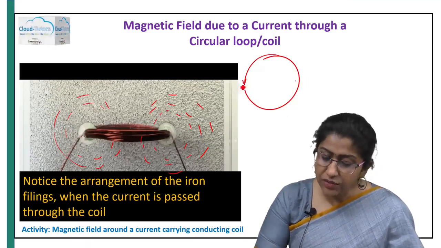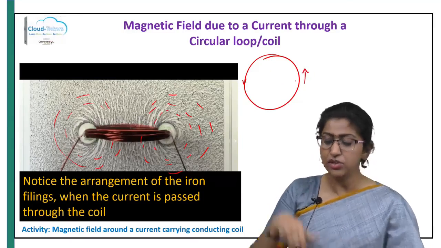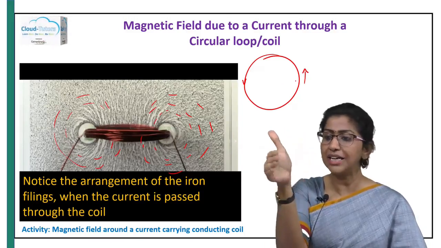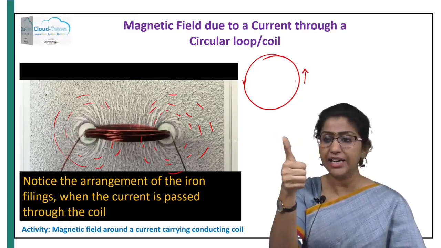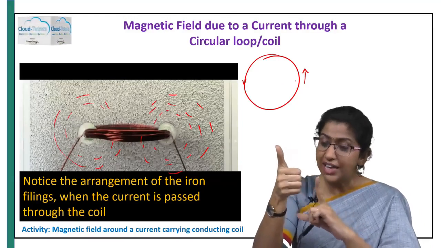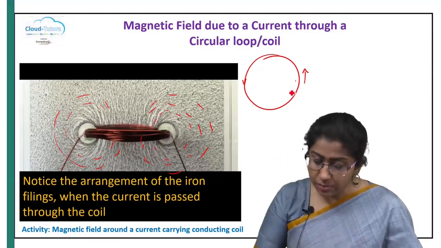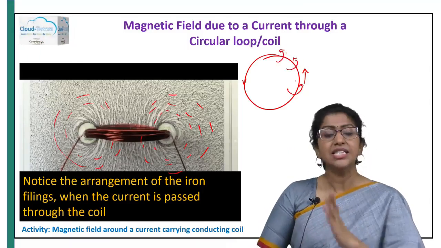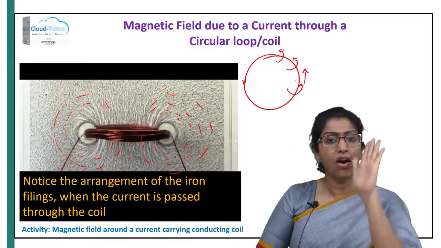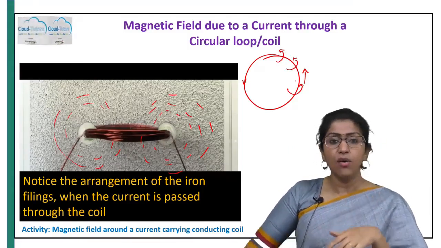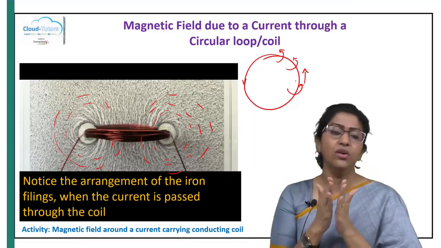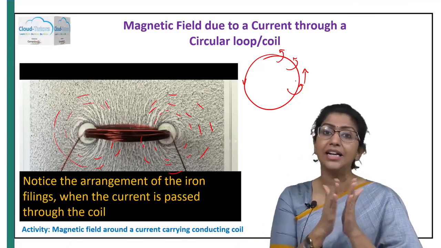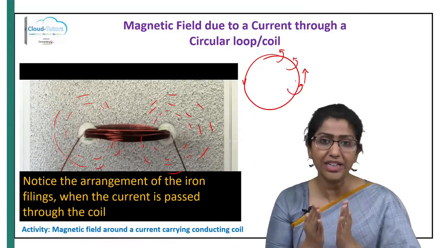When the direction of the current is in this direction, Maxwell's right-hand thumb rule says that the direction of the magnetic field is in the direction of the curling fingers, correct? So it should be in this manner, right? So this induces either a north pole or a south pole on one of the faces of the coil. So when it was brought closer to the north pole of the permanent magnet, it should repel. That's what you saw in the experiment, right?